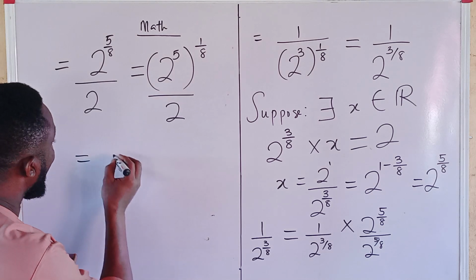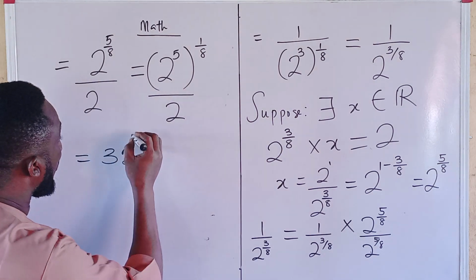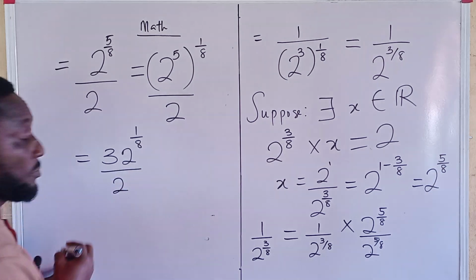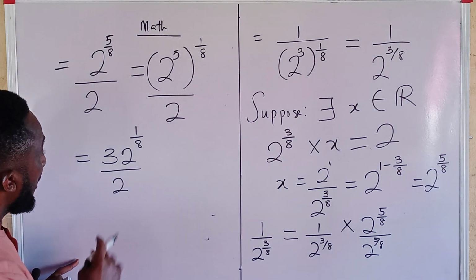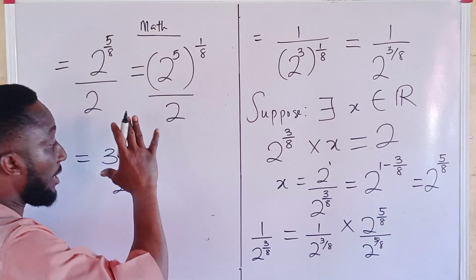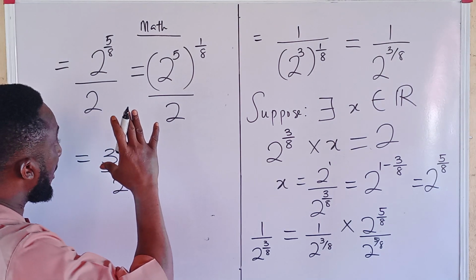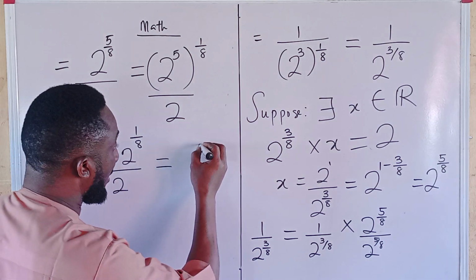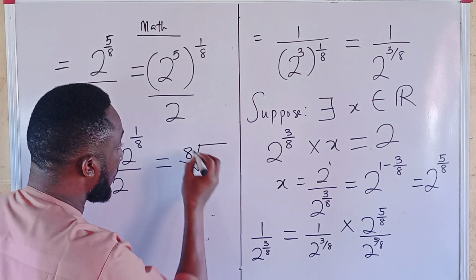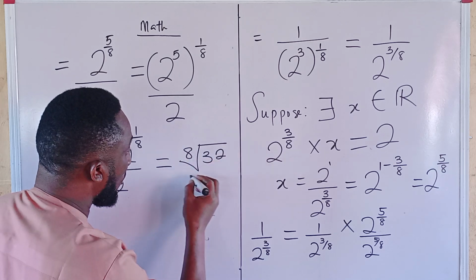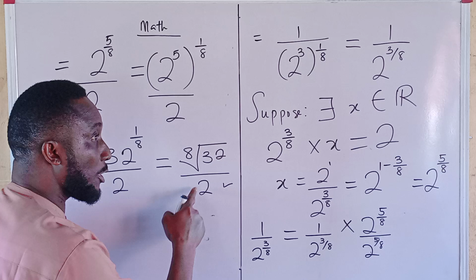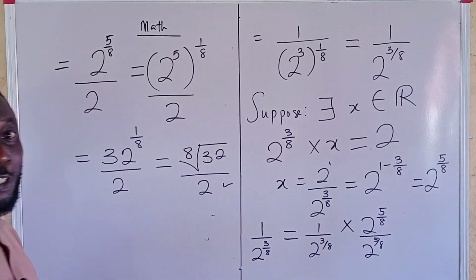So we're going to have 32 to the power of 1 upon 8, all divided by 2. If I were to write this in root form, that is the 8th root of 32 upon 2. So this is the final simplified answer to this problem.